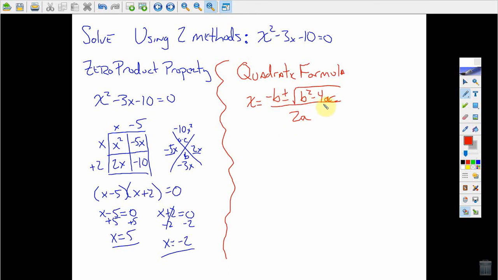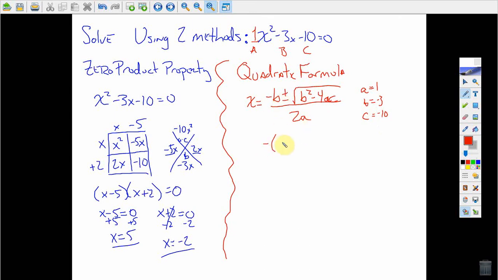And our a, b, and c are going to be the coefficients here. So this is a 1 here. That's our a. Our b is negative 3, and our c is negative 10, just like we had over here when I was talking about a and b and c. We're going to plug those in. I'm going to right now write these off to the side. A equals 1, B equals negative 3, C equals negative 10. And that's what's going to get substituted into my equation there.